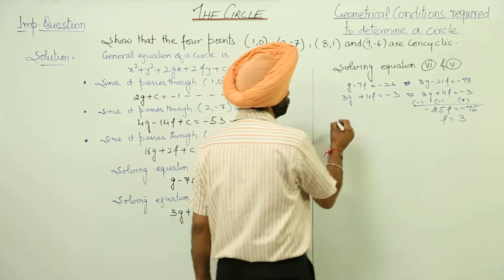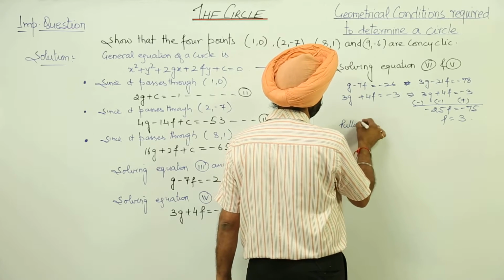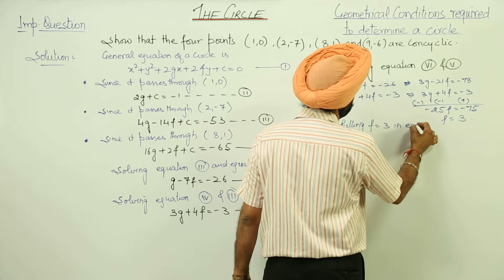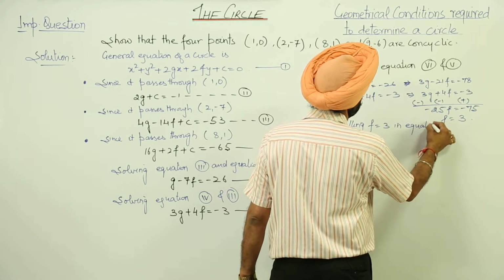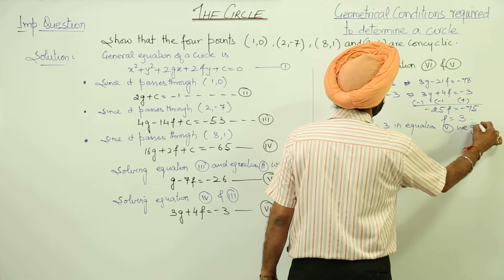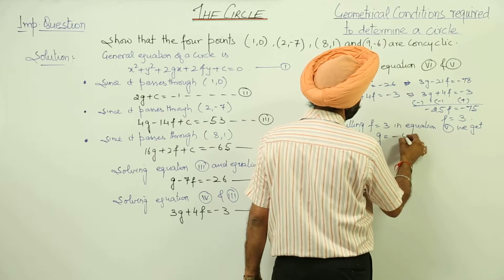Okay? Now, putting f is equal to 3 in equation 5, we get g is equal to negative of 5.